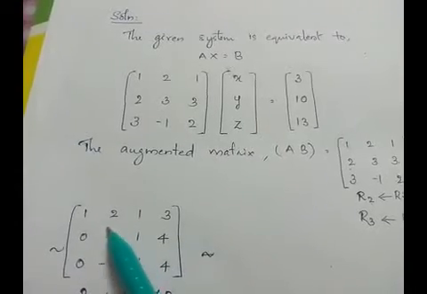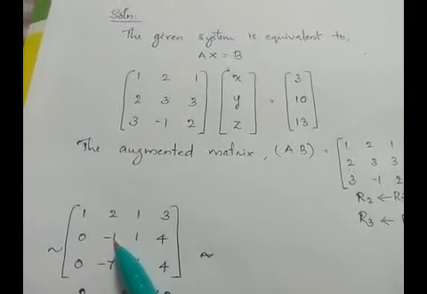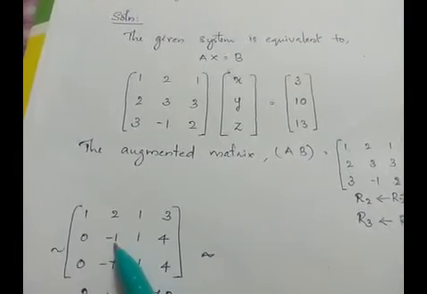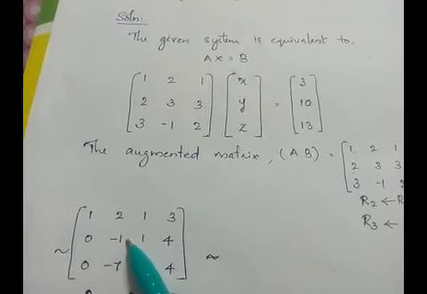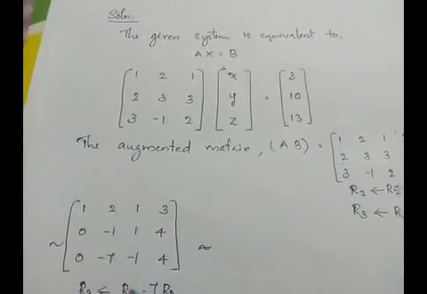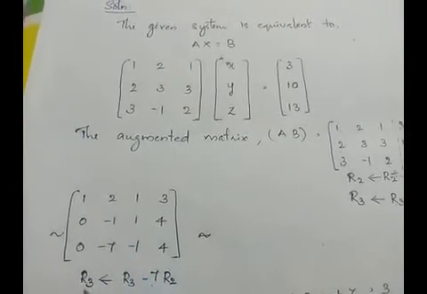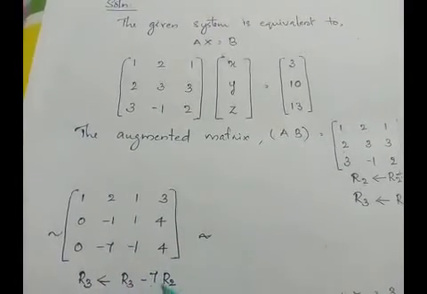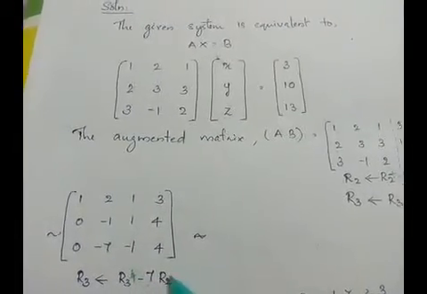Here the diagonal element is minus 1. So minus 1 should be converted to 7. To convert minus 1 to 7, we have to multiply it by minus 7 itself. So the second row should be multiplied by minus 7 and then added to the third row. So R3 becomes R3 plus minus 7 into R2.